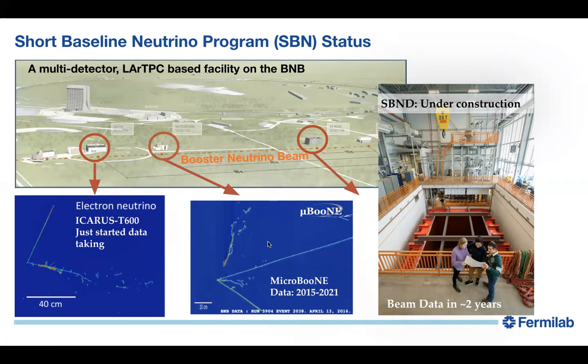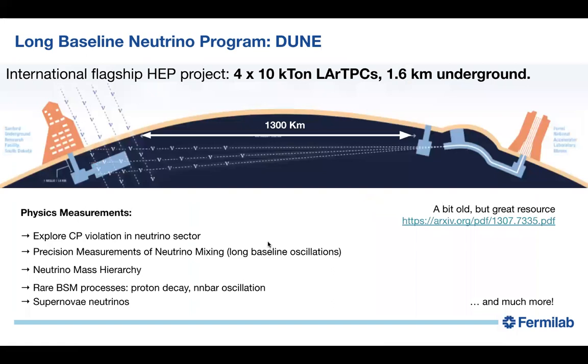Okay, so as I was anticipating, your other big program is DUNE. It's an international flagship program, and it's going to be massive. We're going to shoot neutrinos from Fermilab.